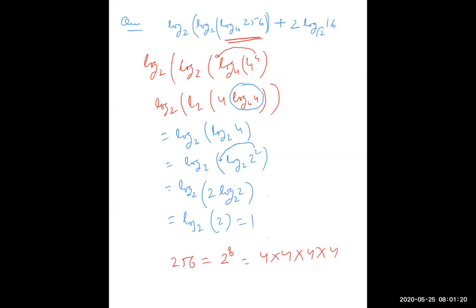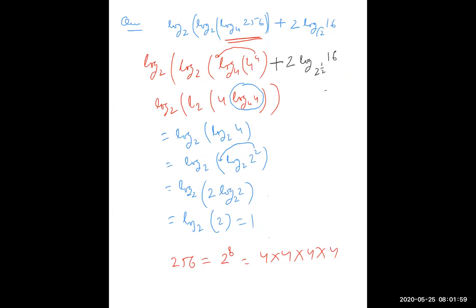Now you have to solve the second part, plus 2 log base 2 raised to power half of 16, where 16 is 2 raised to power 4. First we will write that, and in the next step we will solve it, so that there is no confusion. Here, use the base changing formula. The base is 2 raised to power m, where m is equal to half.